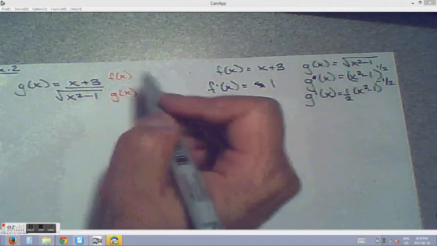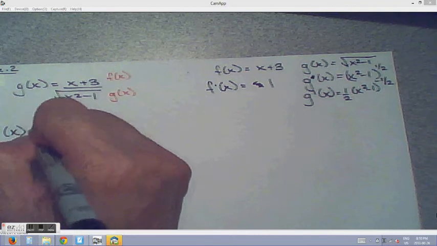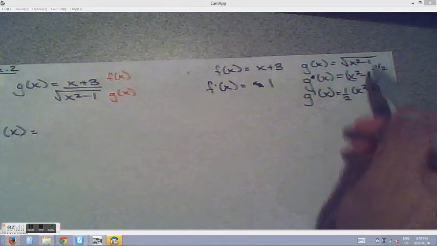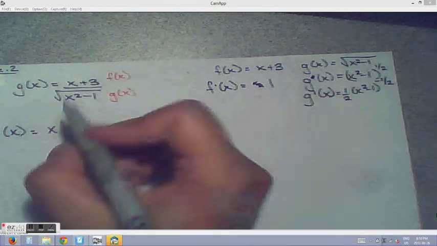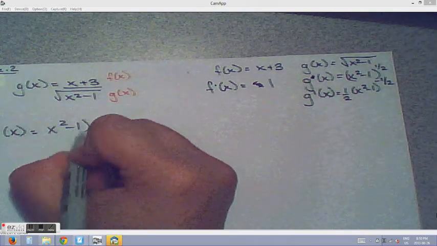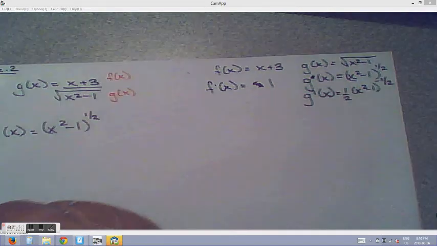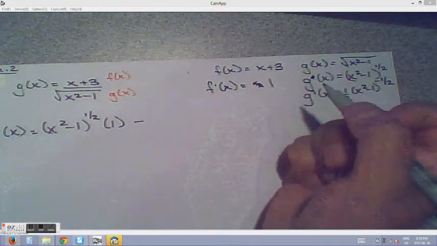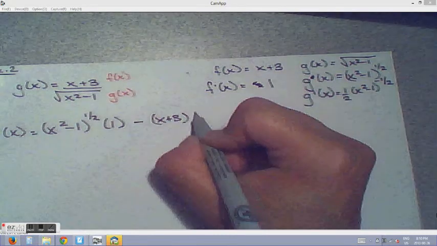So g primed at x, remember our song, it's low, which is, I'm going to use the exponent form, and you'll see why in just a sec, 1 over 2, d high, which is just 1, minus high, x plus 3, d low.